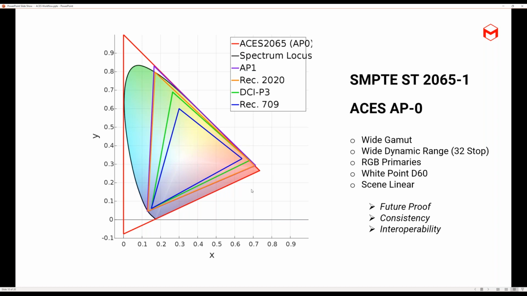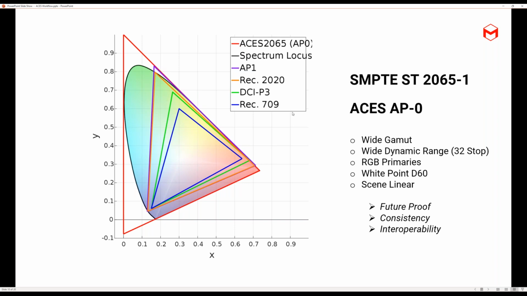Now, if AP0 is not used for working, which color space then do we need to use for working inside ACES? And that is the AP1 color space. And that is represented by this purple line. If you see, it is quite the same size as the Rec 2020 color space.